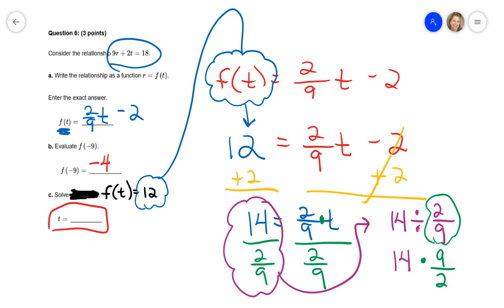So instead of dividing by 2/9, I'm multiplying times 9/2. And then the 14 is really like 14 over 1, so I can cross cancel 2 into itself once, up into 14 7 times. So 7 times 9 is 63 over 1, which is just 63.